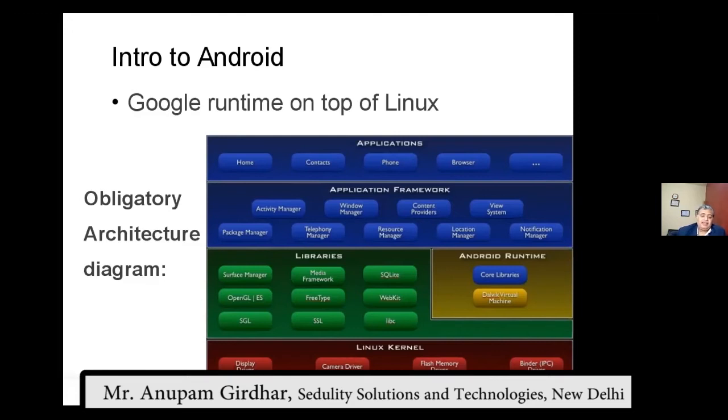In the same way, Android is a product of Google, which is again on top of Linux. By default, there is a Linux kernel with the drivers for all the hardware, like power management, flash drives, audio drivers, camera, display, keypad, Wi-Fi, etc. That is given by the Linux kernel.